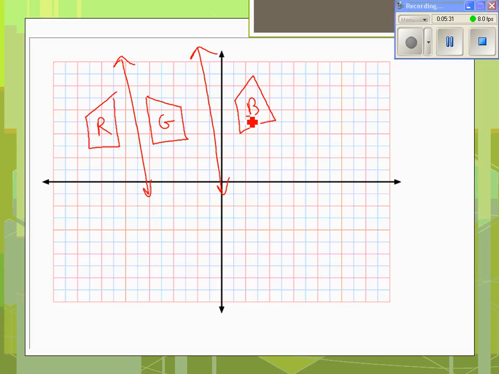And that works throughout all these transformations. Somebody looks at this, and I look from R to B here, and I say, oh, I just slid it over to there. But maybe Austin says, no, you didn't slide it over to there. You reflected it over this line, then you reflected it again over that line. It's just a different way of looking at it, all right?